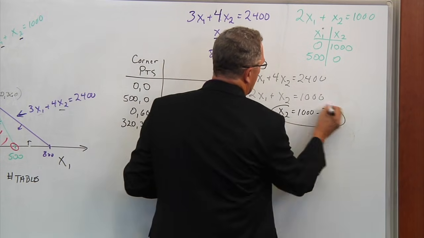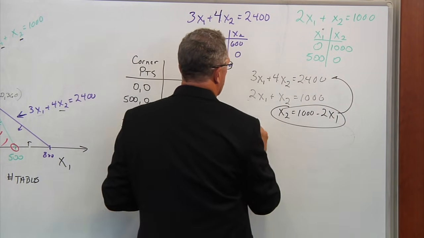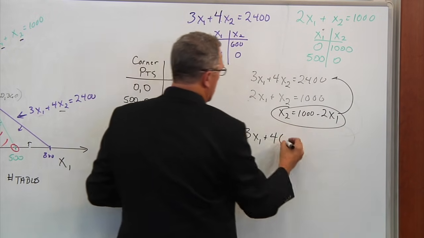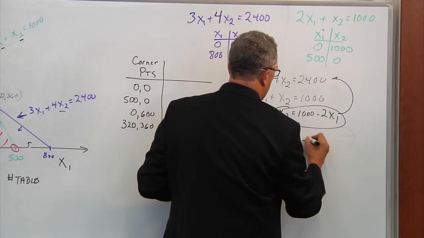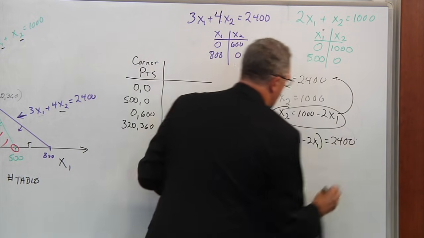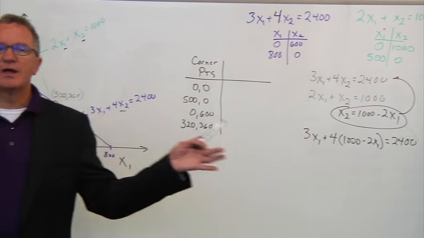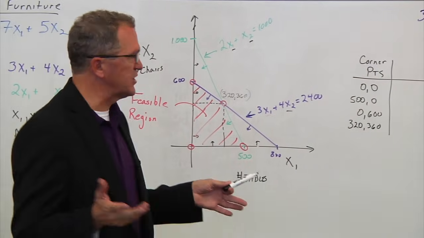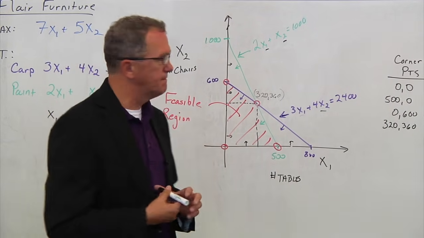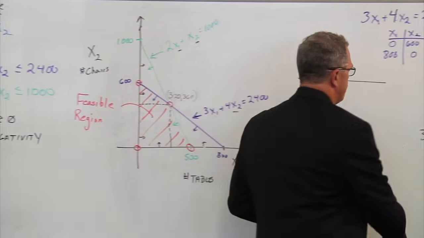Now I can plug this value into this equation. 3x1 plus 4 times x2, where x2 equals 1000 minus 2x1, equals 2400. Now I can go through and solve for x1 and do the exact same thing I just did. Which way is better? Neither. Whichever way works for you is better.